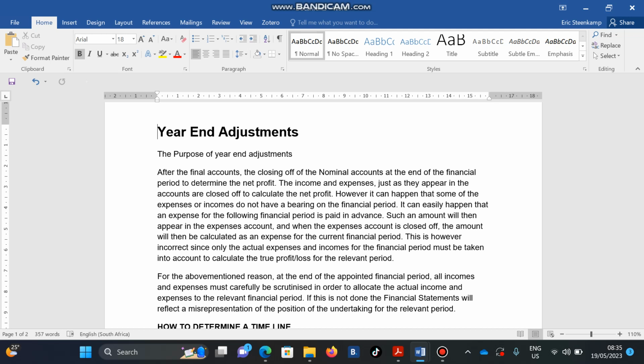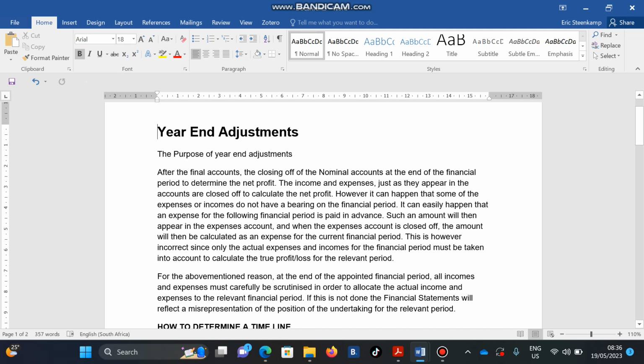Now, the purpose of year-end adjustments is that we need to determine our net profit. However, there are income and expenses that appear after we have closed these off from our profit and loss account, but some might not have a bearing on this financial year.